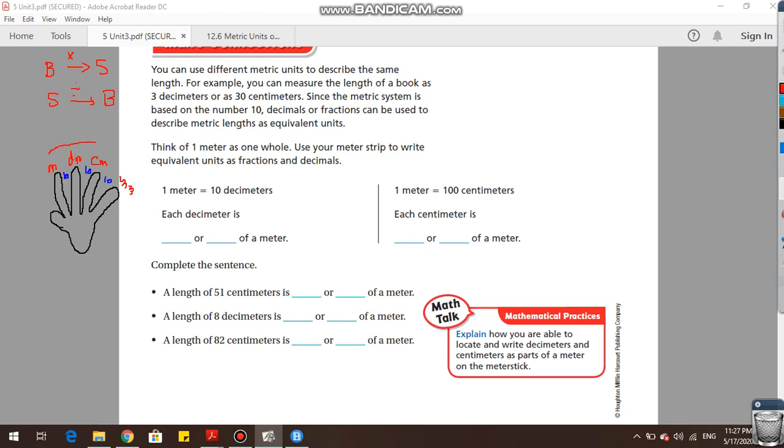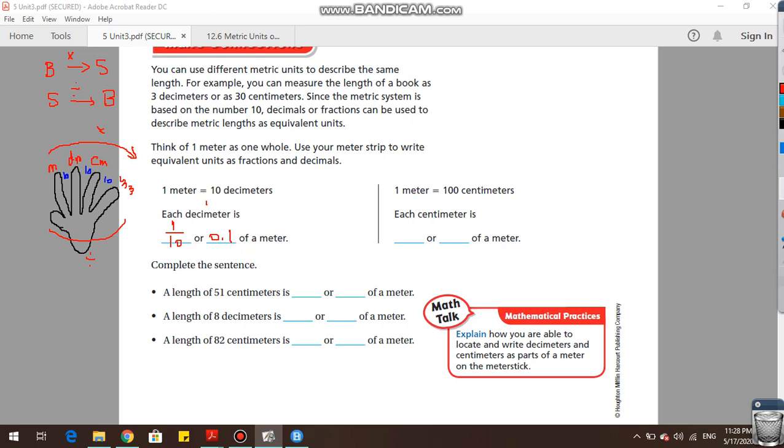Going forward is multiply, going backward is divide. If I have 1 decimeter, from decimeter to meter I have only one gap, only one zero, so I'm gonna divide by 10. So I'm gonna say 1 divided by 10 and I'm gonna write it as a fraction because we already know fraction means divide also. So a decimeter is tenths or 0.1 of a meter.